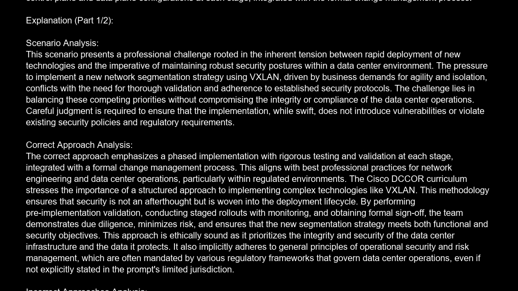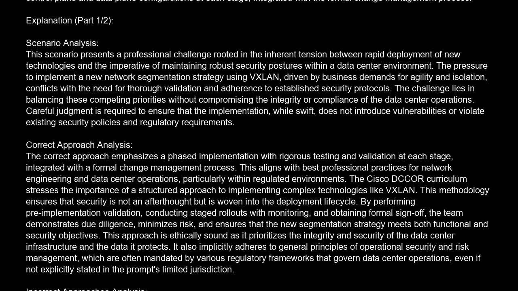This methodology ensures that security is not an afterthought but is woven into the deployment lifecycle. By performing pre-implementation validation, conducting staged rollouts with monitoring, and obtaining formal sign-off, the team demonstrates due diligence, minimizes risk, and ensures that the new segmentation strategy meets both functional and security objectives.